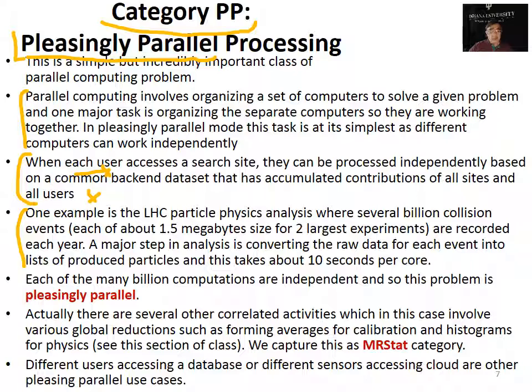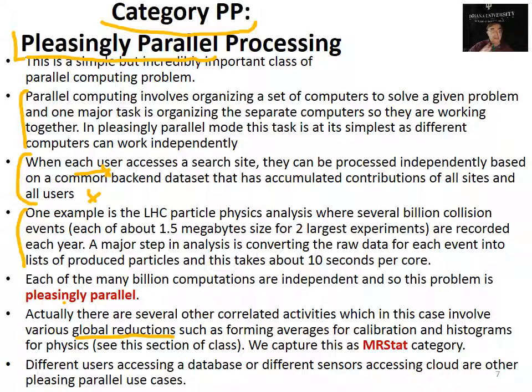So there are some correlated events, but they're largely uncorrelated. And we have reductions, and actually the Large Hadron Collider has such reductions, but they're a very minor part of the problem, and usually we don't think of it in this fashion.